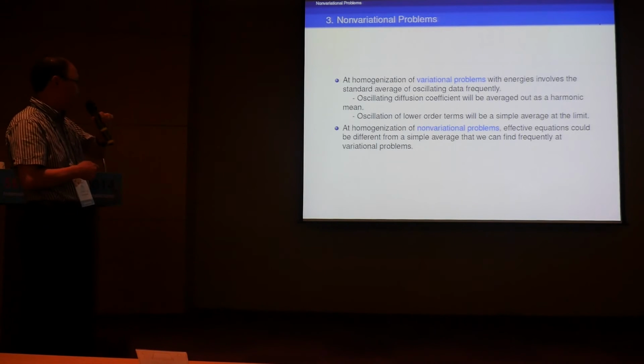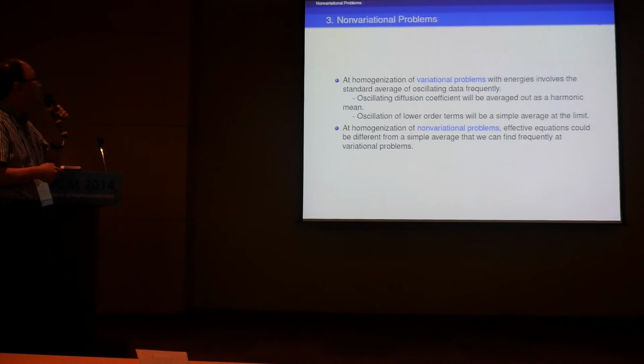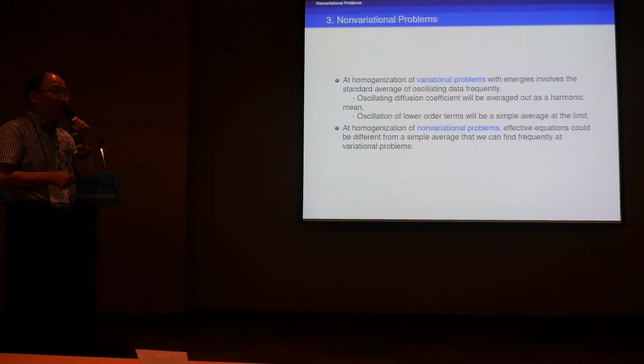And the third subject is non-variational problems. So homogenization of a variational problem with energy involves the standard average of oscillating data at high frequency. For example, an oscillating diffusion coefficient will be averaged out as a harmonic mean, as we discovered in an early example.